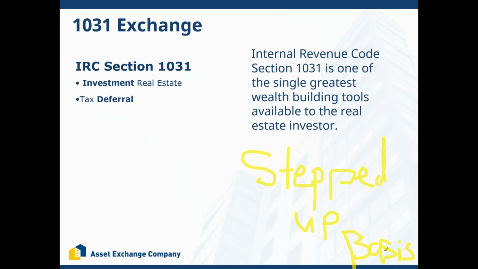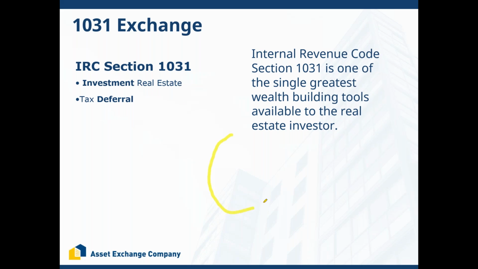That's right, you heard me correct. Those gains go away. My wife can sell that $12 million property the day after my funeral and take all of the cash for herself and pay absolutely nothing to Uncle Sam.